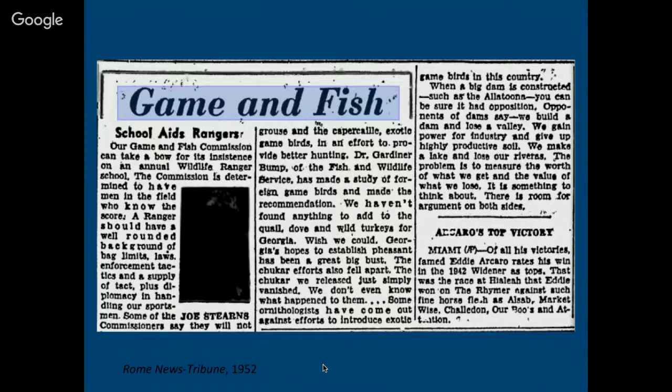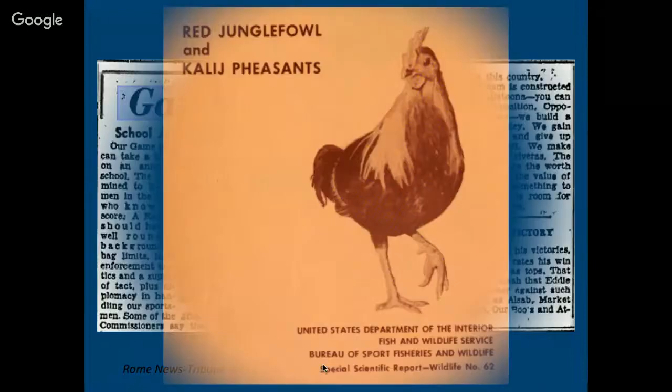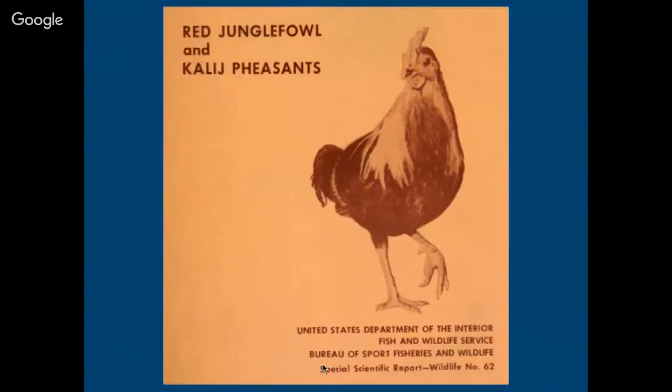But this is a 60-year window into history about how different these attitudes were in the 1950s. Well, Gardner Bump was working for the Bureau of Sport Fisheries and was very much focused on these introductions.